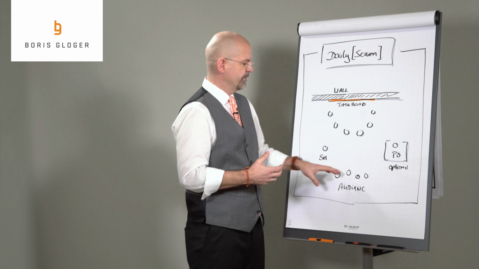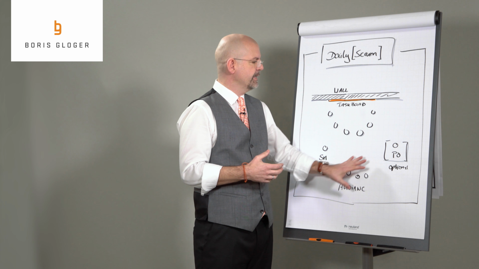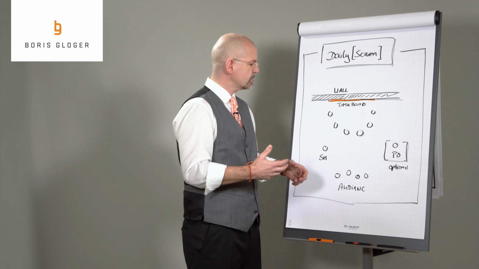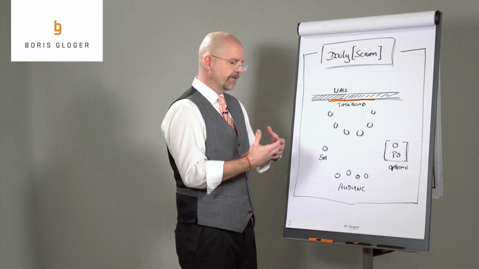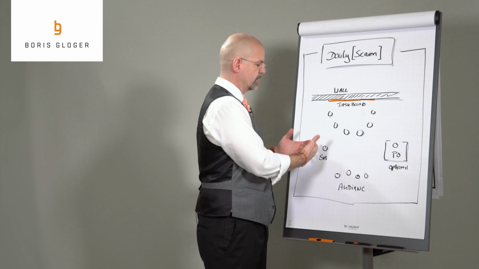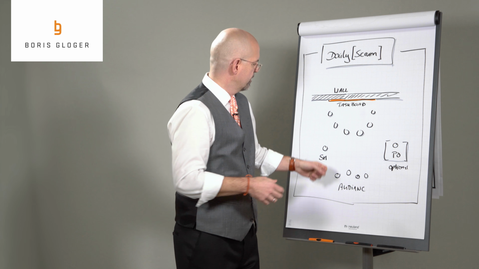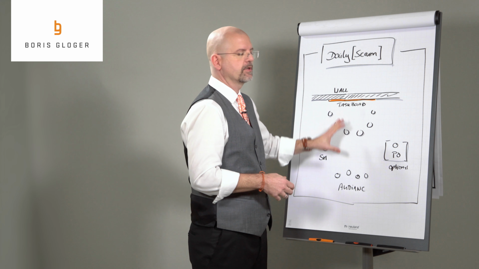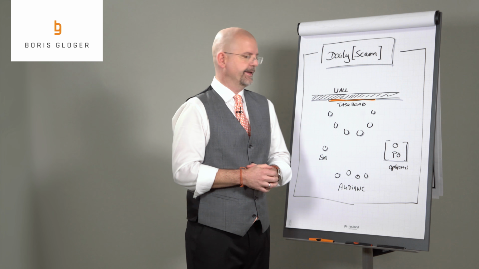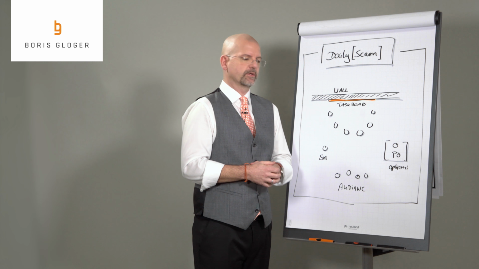It might be that they have some questions or comments. If they have these comments, they can talk about them at the end of the daily with the Scrum Master, but they are not allowed to interfere with the development team in front of the taskboard.